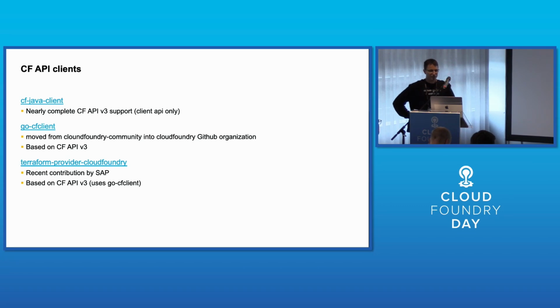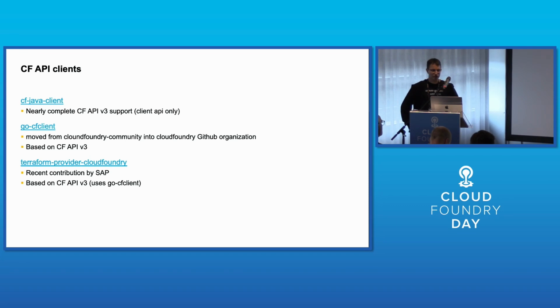CF API clients, the CF Java client has meanwhile a nearly complete CF API v3 support for the client API, not this operations API that some people use. Here there are bigger discussions, and it's questionable whether it makes sense to port that to v3, at least one by one. It's not possible easily.